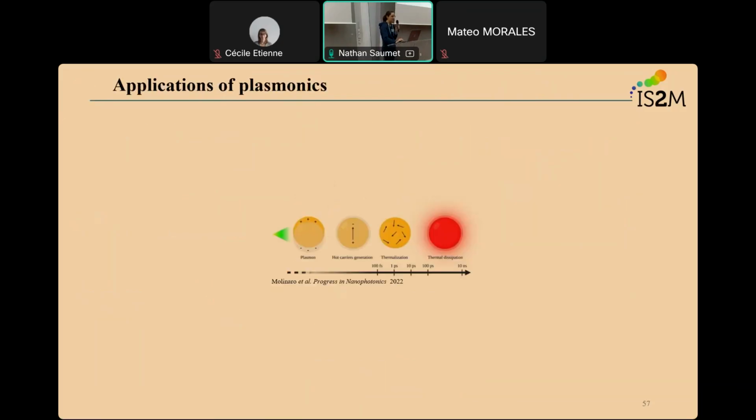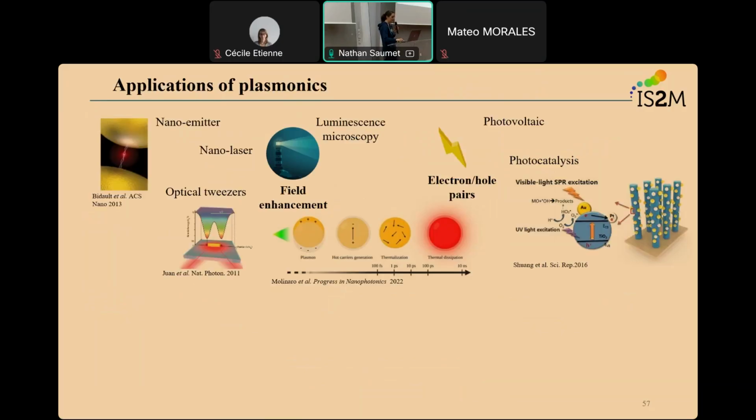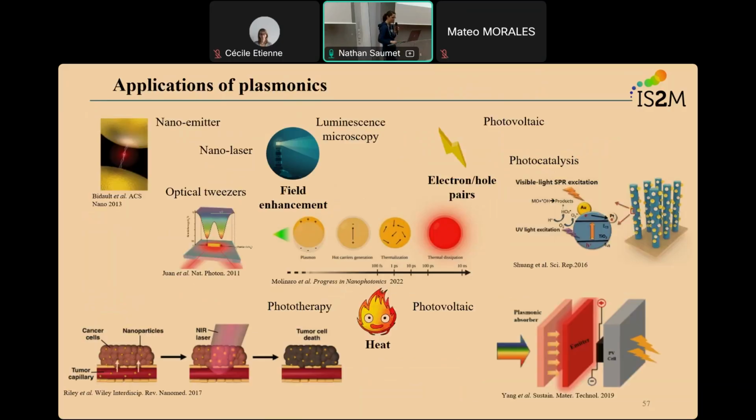So why is it so interesting? If we look back at the applications of plasmonics, we have many of them, and as soon as we have the plasmon, we have thermal effects. Even if you only want to have electron-hole pairs, the plasmonic nanoparticle will generate heat.